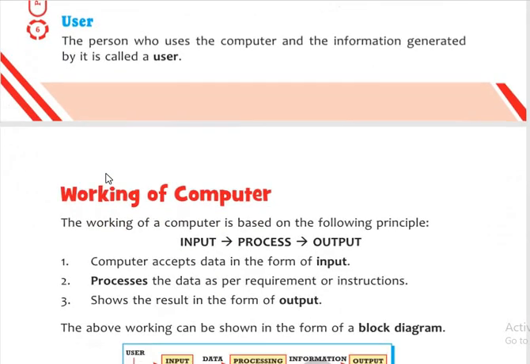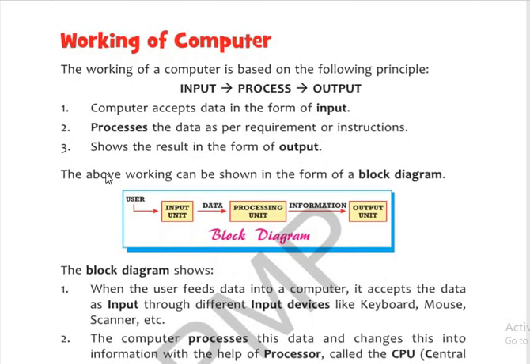Okay, now moving to the next point, that is working of computer. How does a computer work? As I discussed a few seconds ahead, it works on three major criteria: input, process and output. You will give something to the computer in the form of data, and on that data it will do some processing, or perform according to some instruction, and at last it will give you the result.